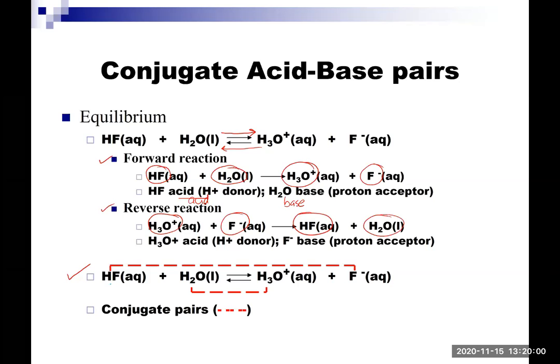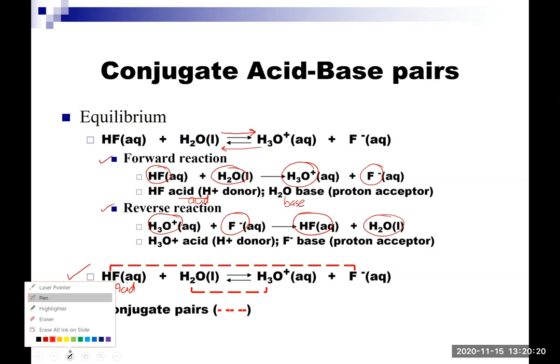So HF has a proton in the reactants, and we see it gave that proton up when we get to the products. So HF, in other words, is a Bronsted-Lowry acid. While F minus is a Bronsted-Lowry base.